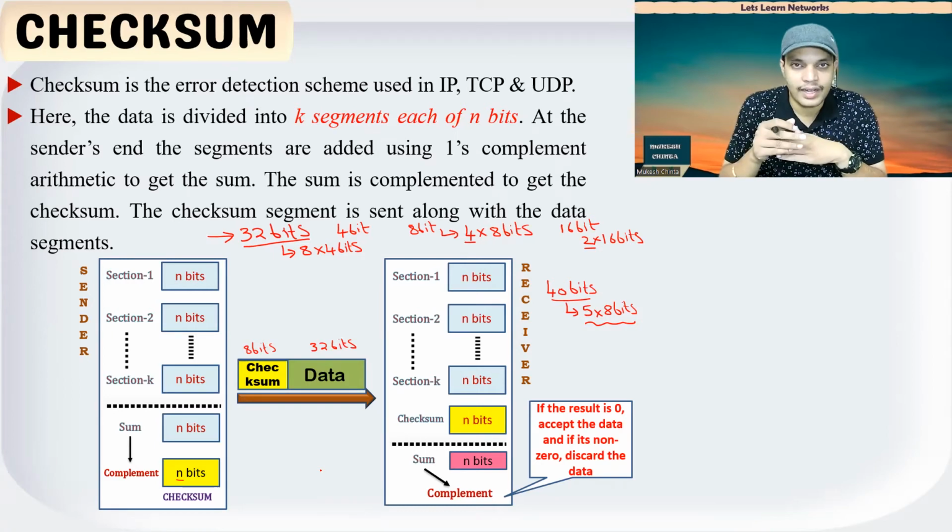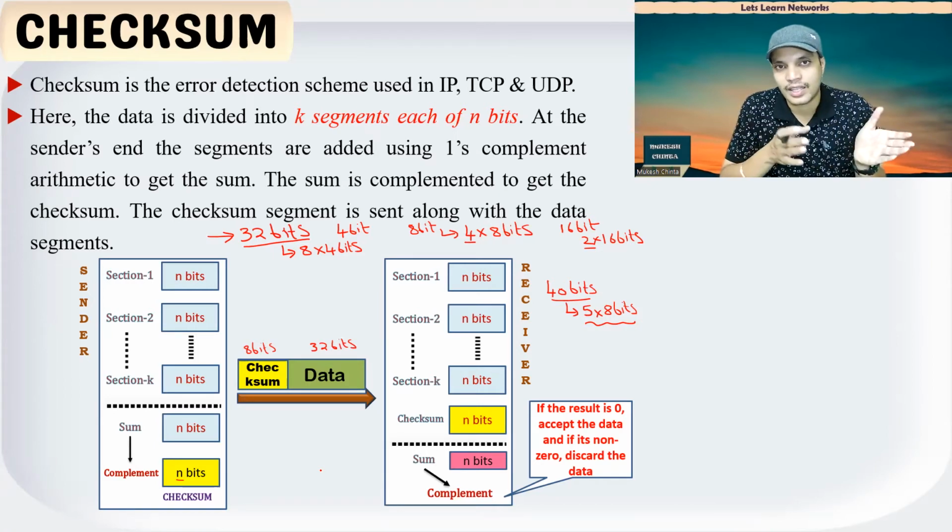At the receiver's end, the received message and the checksum block are once again divided into blocks, each consisting of the same N bits, and all these blocks are added together. If your sum is all ones, then complementing it will give all zeros. If your resultant checksum is all zeros, then the receiver assumes that there are no errors during transmission.